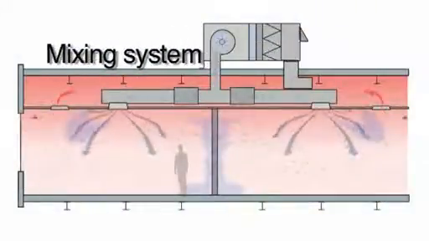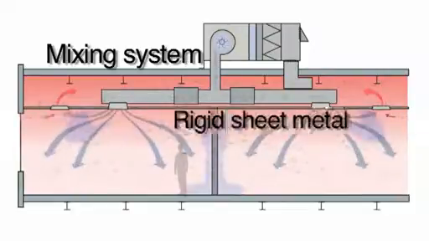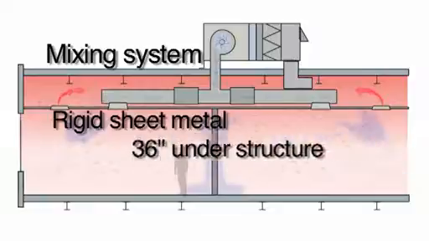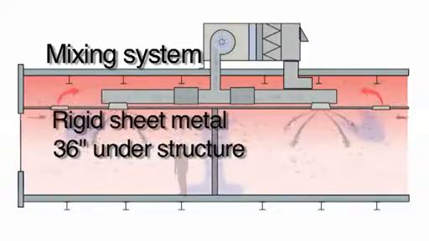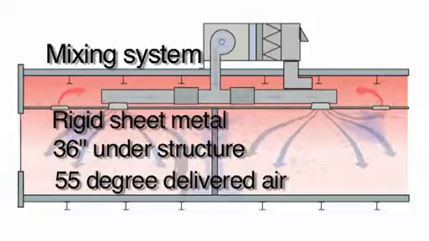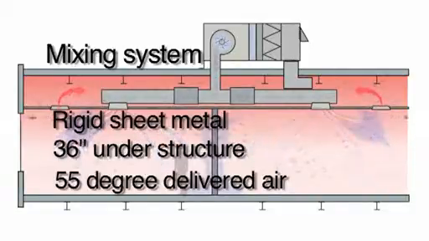To understand underfloor air, we've found it very useful to compare it to traditional ducted mixing systems, something with which we are all very familiar. Overhead ducted systems are generally mixing systems with a lot of sheet metal and the labor to fabricate and install it. Occupying about 24 to 36 inches below the structure, they usually deliver 55-degree air at relatively high velocities through diffusers mounted high in the space.